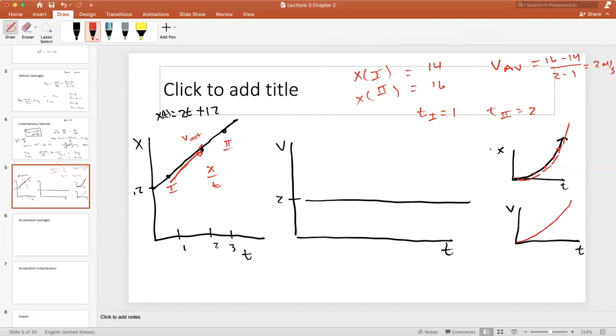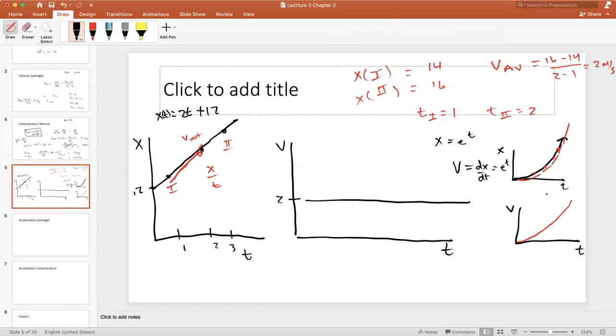So we know that an exponential function, if x was equal to e to the t, which is what this is saying, then the derivative of this, dx/dt, is, again, e to the t. So we know that the velocity would increase the same way.